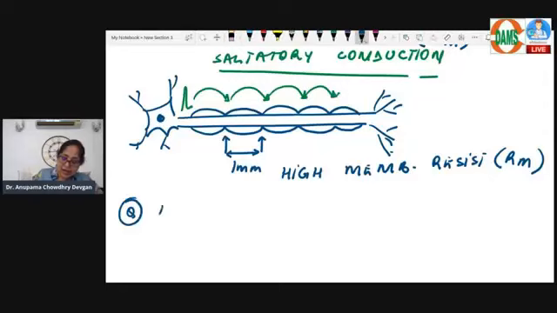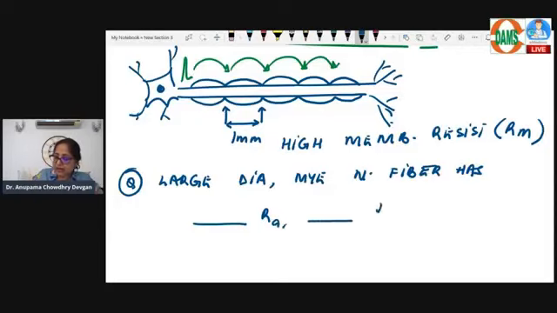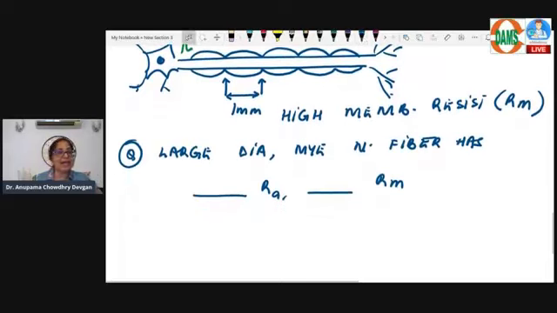Now let's see this. A large diameter myelinated nerve fiber has low RA and high RM.